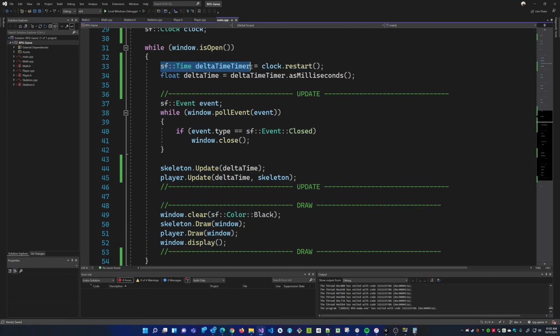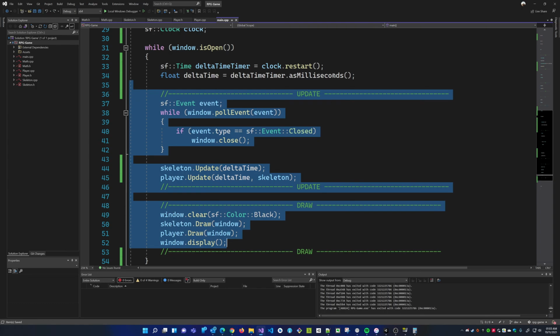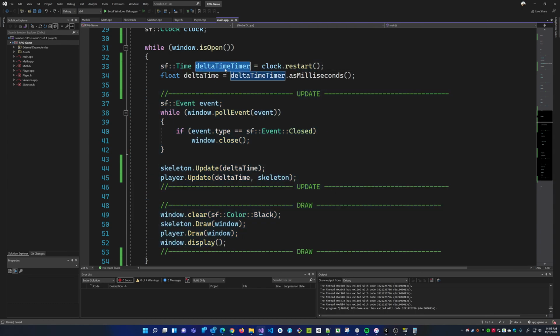This deltaTime timer is storing how long it took for the previous frame to render. So let's say 60. This variable is now storing 60. I restart my clock. I get 16 milliseconds. I store it in this variable and I pass it. I render my third frame and I restart my clock.